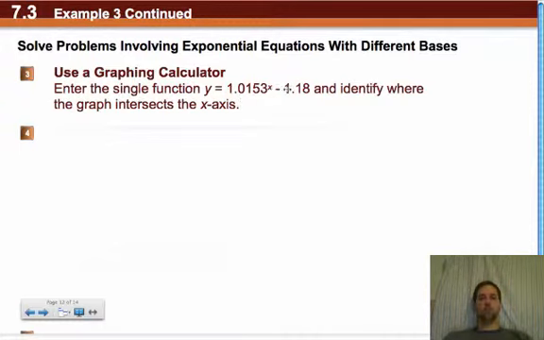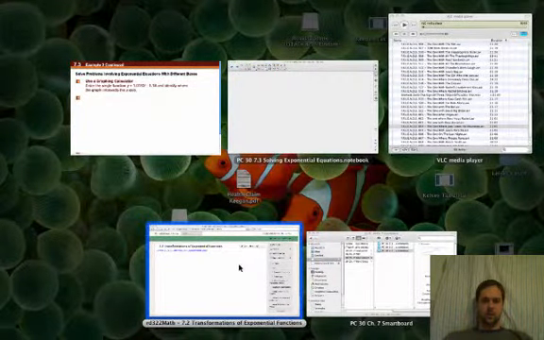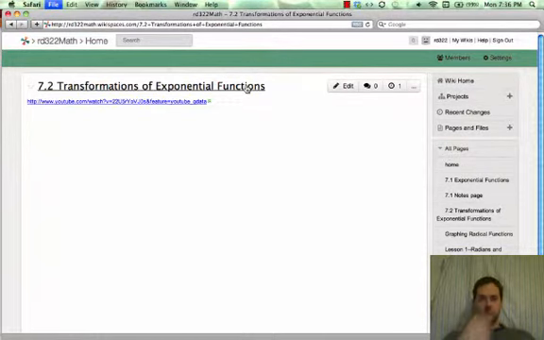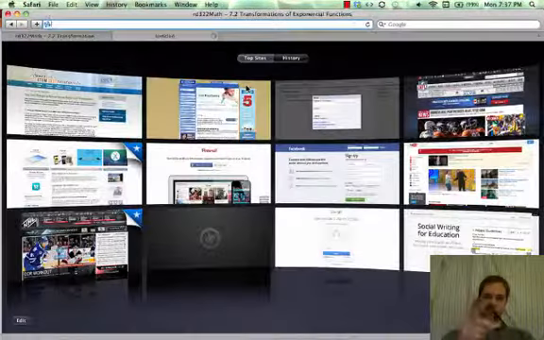And now we've subtracted our 1.18 to the other side, just so that we can enter this as a single equation and identify where the graph intersects the x-axis. So let us go into our Desmos. Sorry I didn't have this queued up, but I'll edit it out.